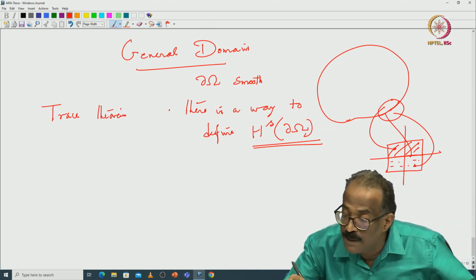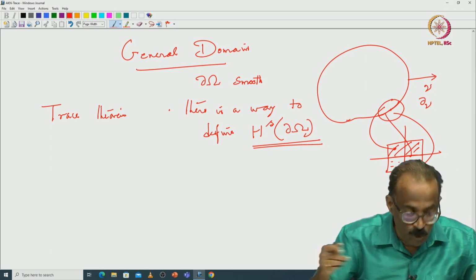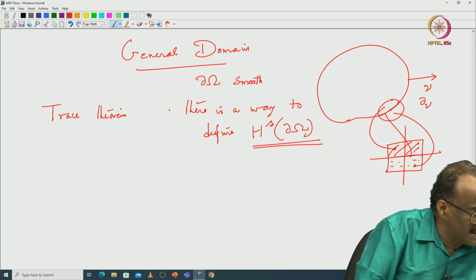You will have a normal derivative ν, and then you will have ∂ν. So you have all these L2 measures and things like that.